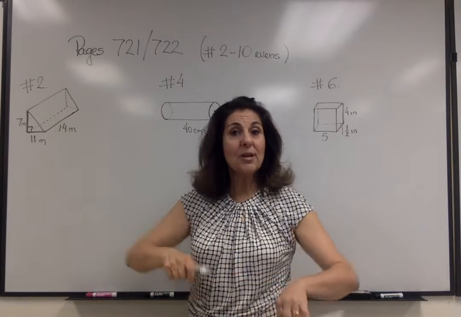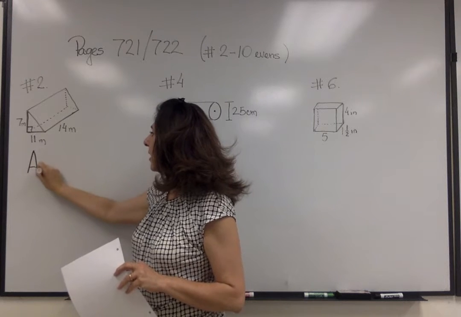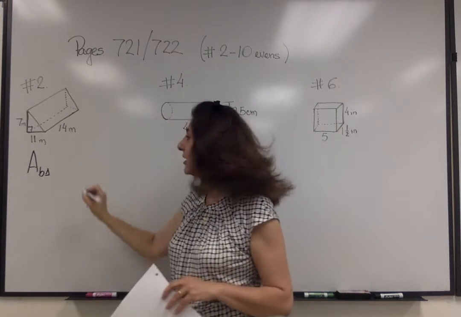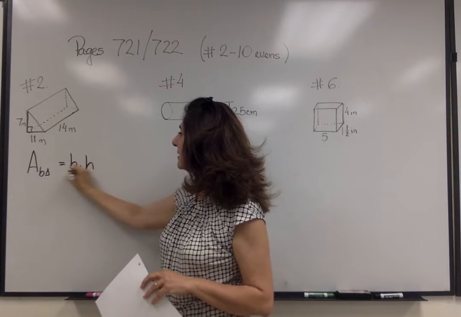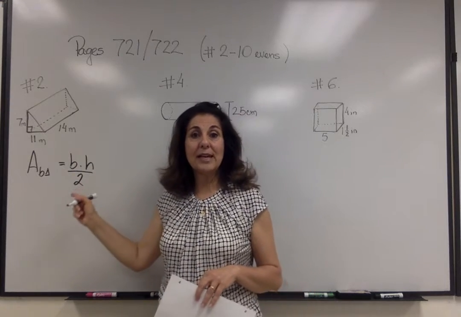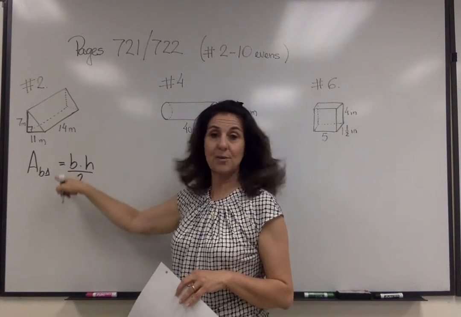So the formula for the area of the base, which is a triangle here, it's going to be base times height divided by 2. So you cannot forget to divide by 2, because this is how you find the area of the base.